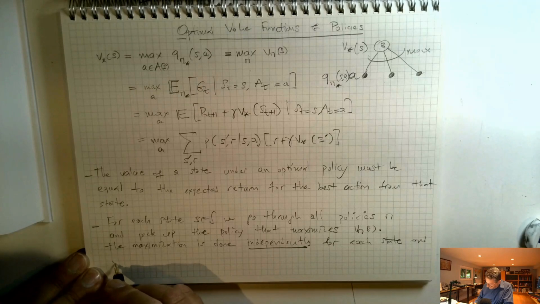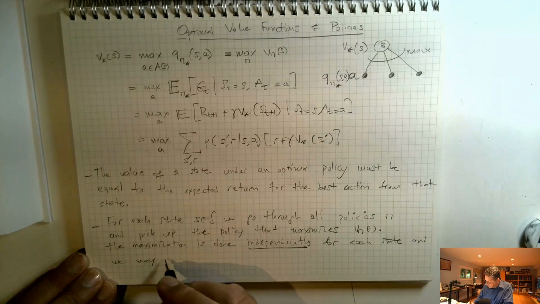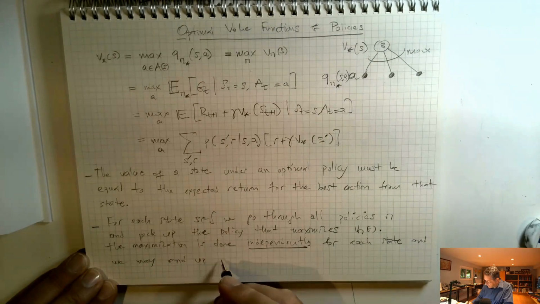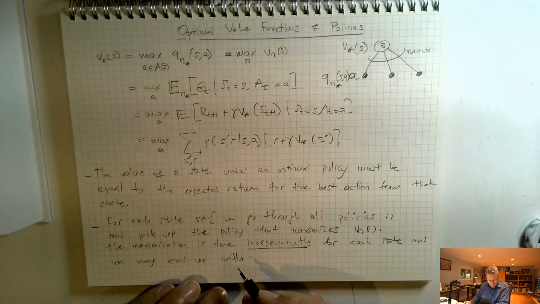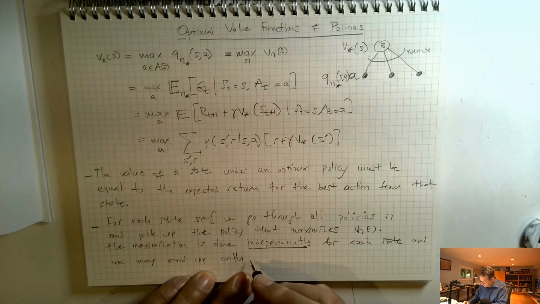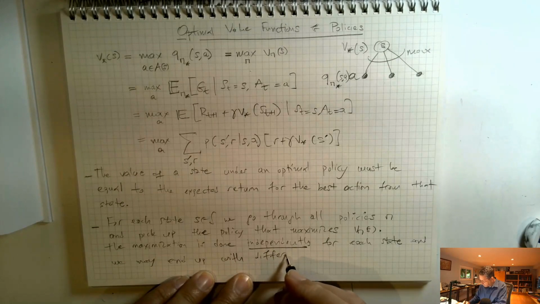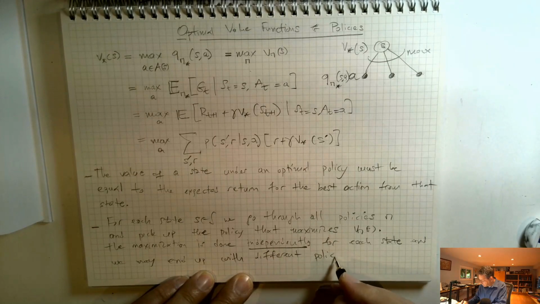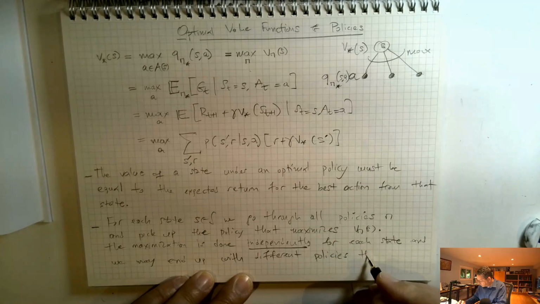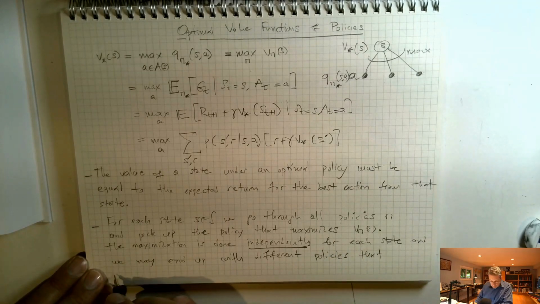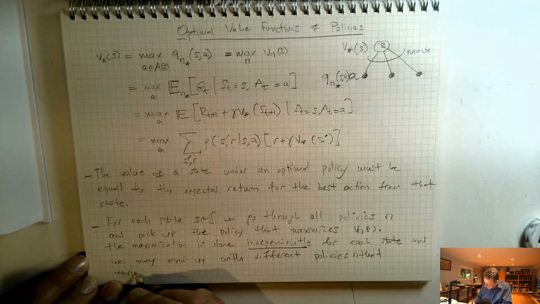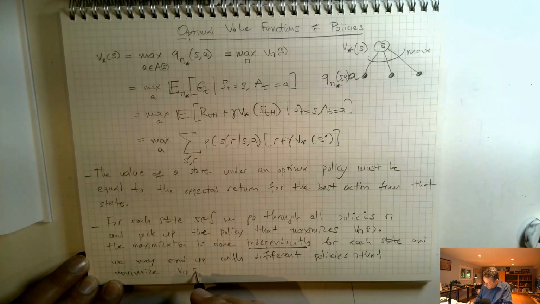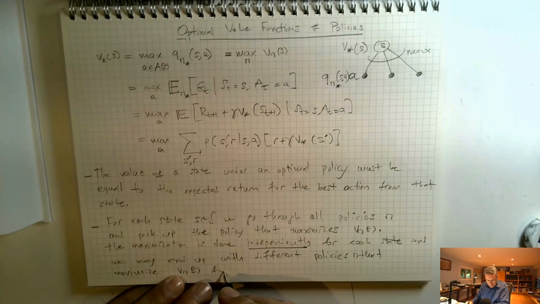And we may end up with different policies pi that maximize V pi of S for different states.